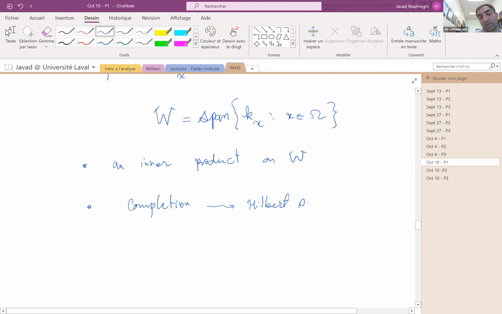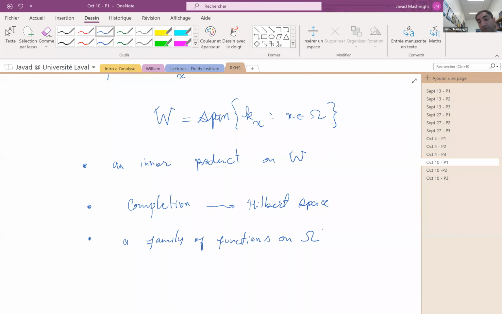And that Hilbert space, the abstract completion, is not necessarily a family of functions on the set omega, but we need to modify it to obtain a family of functions on omega. We will see how to do that. And that is the space we are looking for. This is our RKHS. So that's the road to follow.